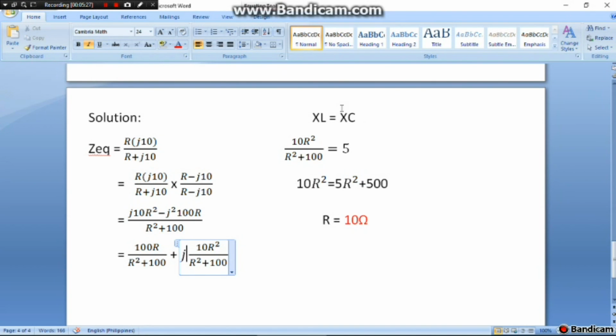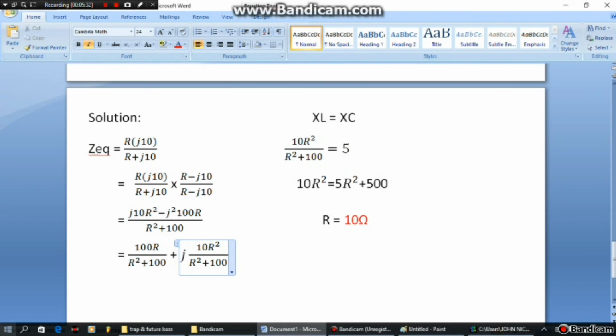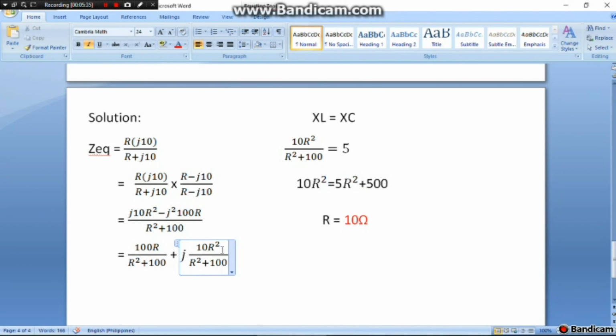The magnitude of our capacitive reactance is 5, and the inductive reactance in the parallel branch is 10R squared over R squared plus 100. I will substitute that in this equation: 10R squared over R squared plus 100 equals 5.